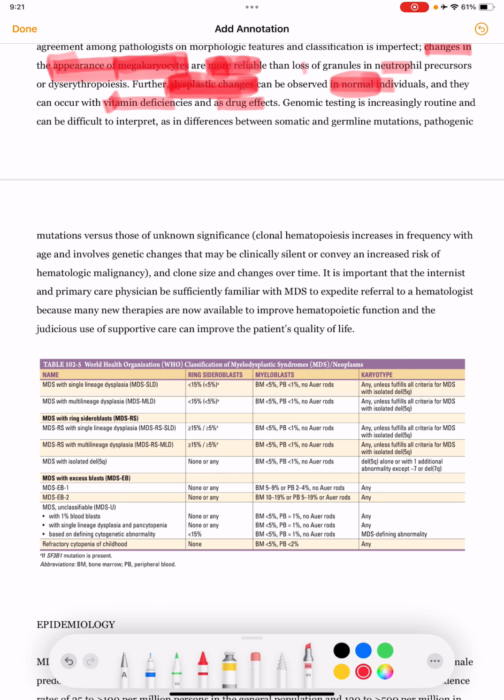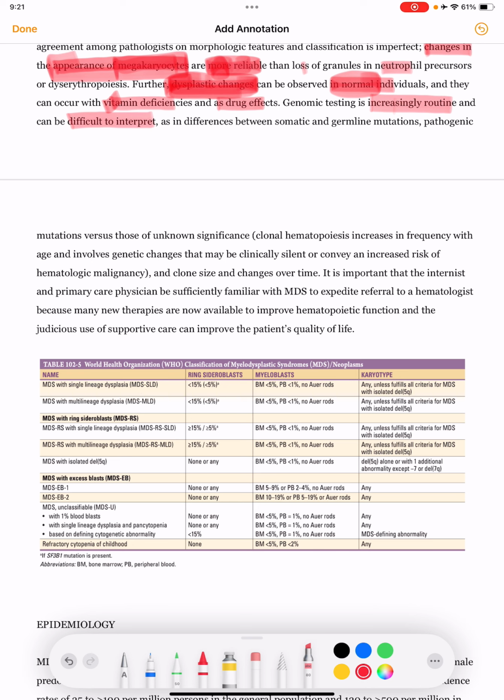Genomic testing is increasingly routine and can be difficult to interpret. Why?